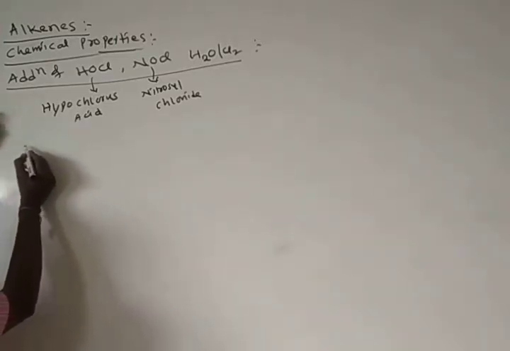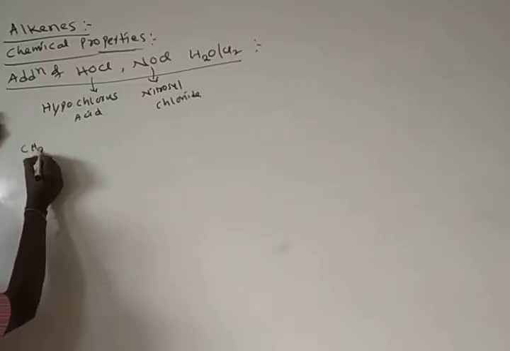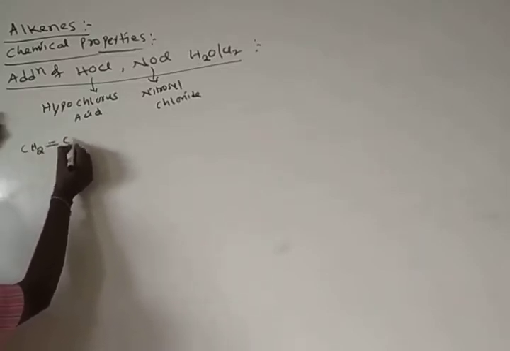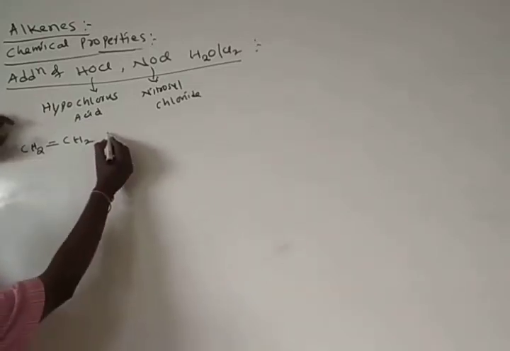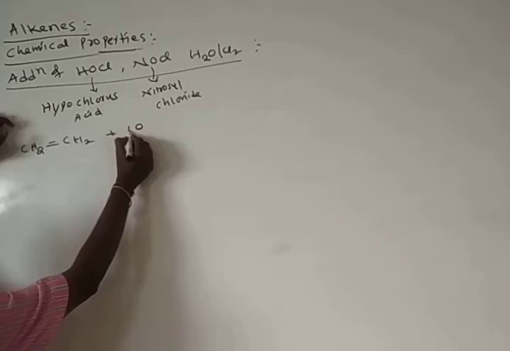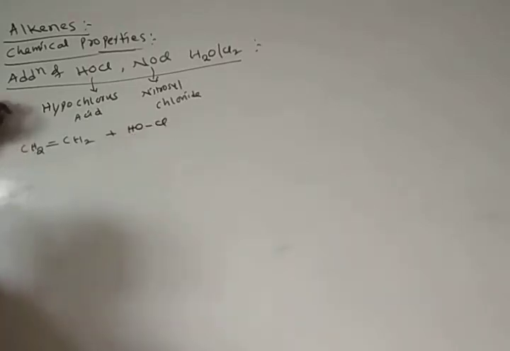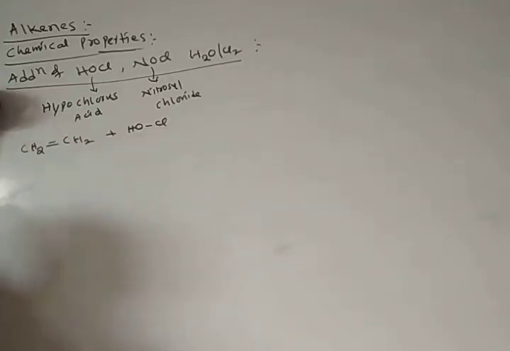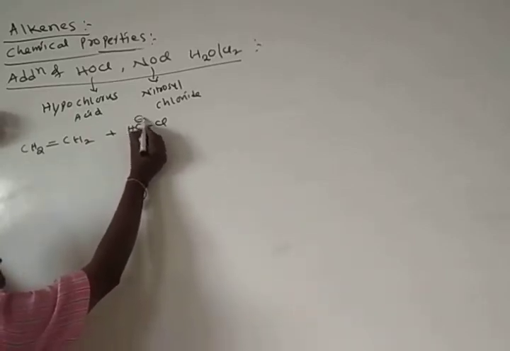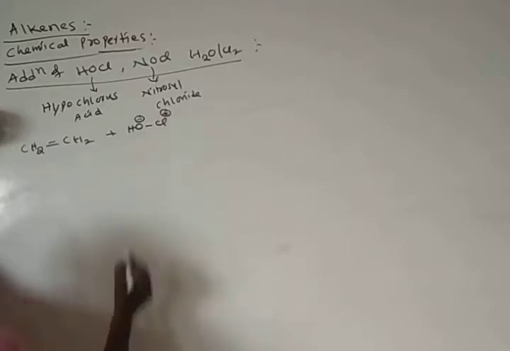First, I am taking this important reaction, CH2=CH2, which is a symmetrical alkene, with HOCl, hypochlorous acid. Here, oxygen is more electronegative than chlorine, so oxygen gets a negative charge and chlorine gets a positive charge.